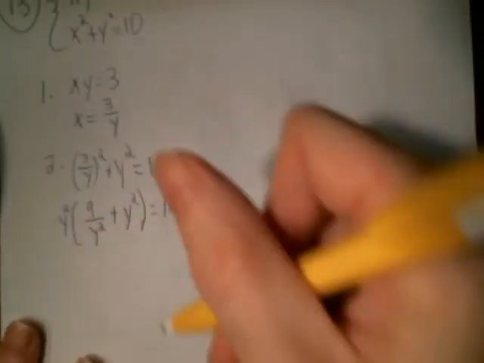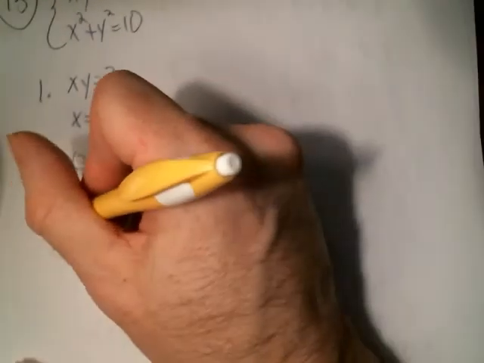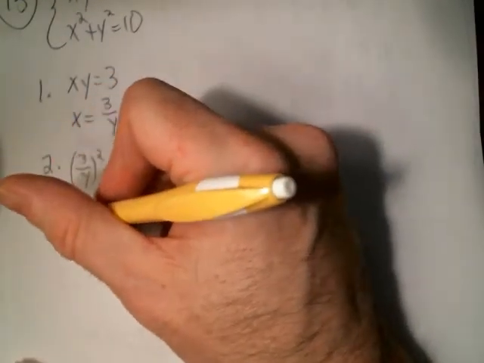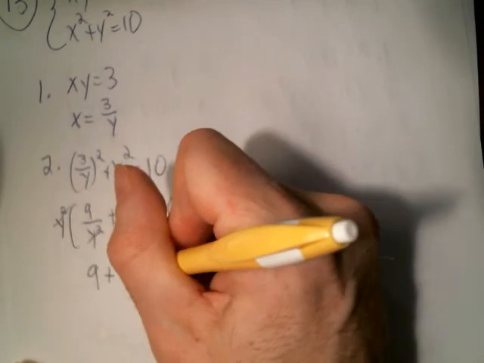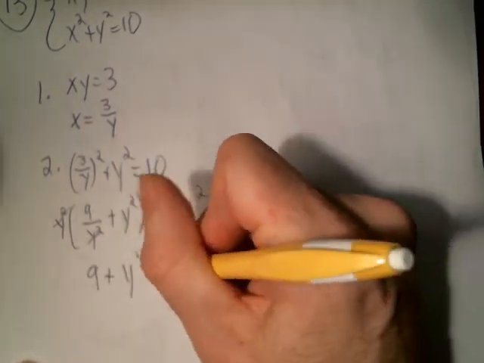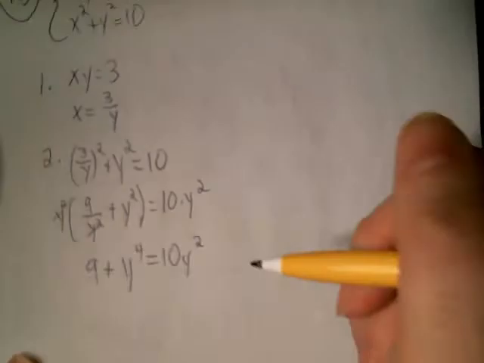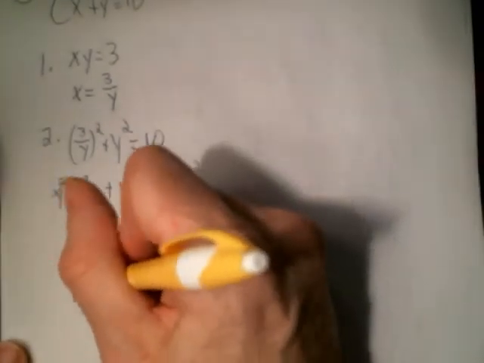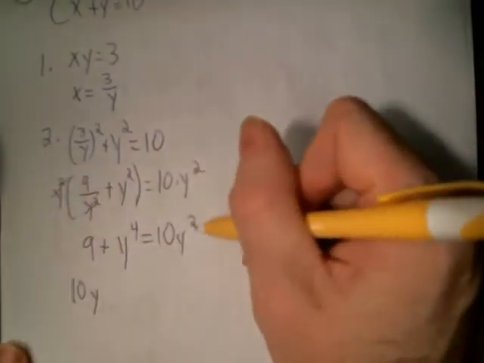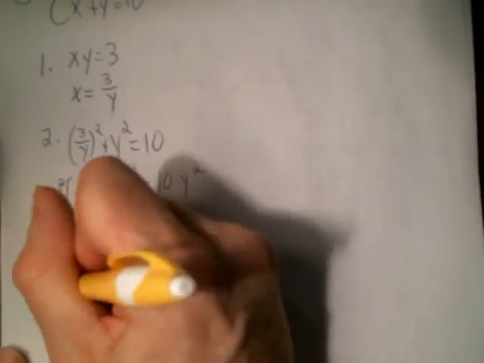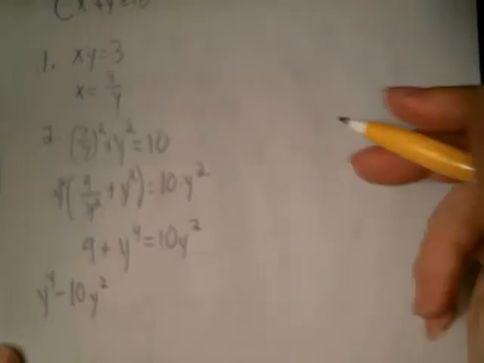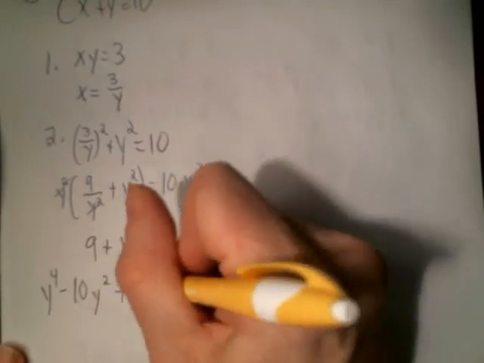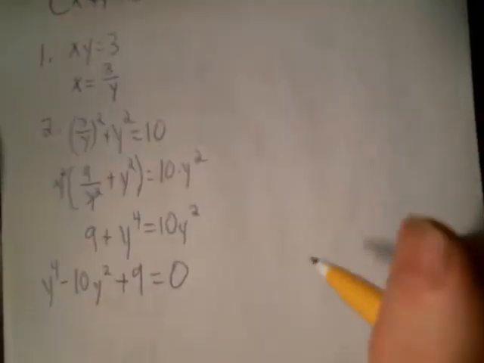Okay. So over here, you can distribute. The y squareds will cancel on that one. But then you get y squared times y squared, which is y to the 4th. It's 10y squared. And then that has kind of a quadratic form. So you're going to move everything to one side. So I'll have y to the fourth minus 10y squared plus 9 is 0.